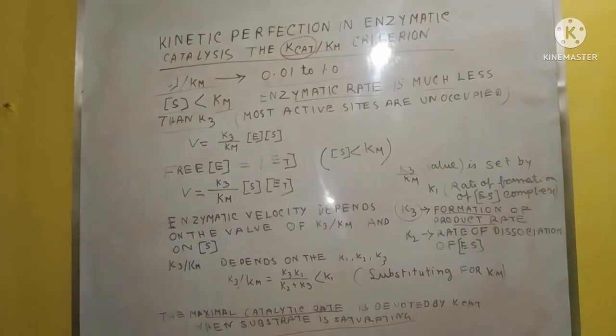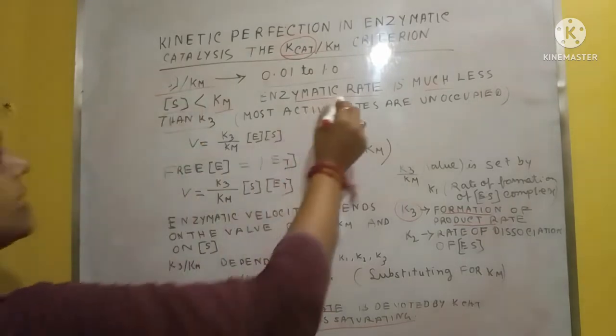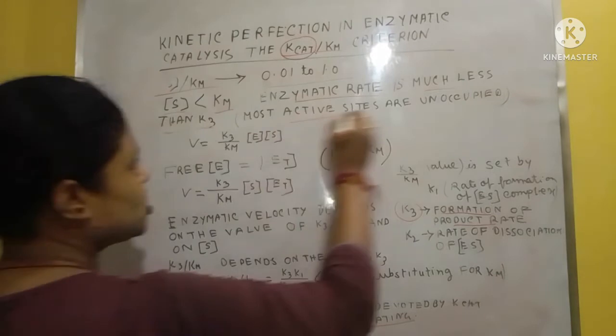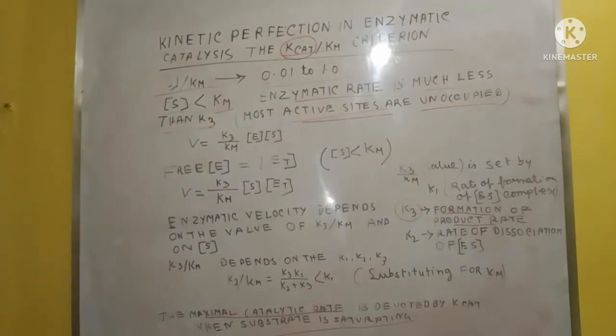So what we just learned here is that when S is less than Km, the enzymatic rate is much less than K3, and most active sites are unoccupied. In that situation the active sites are generally free.